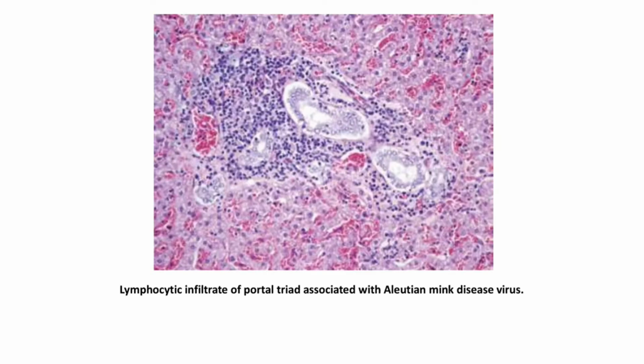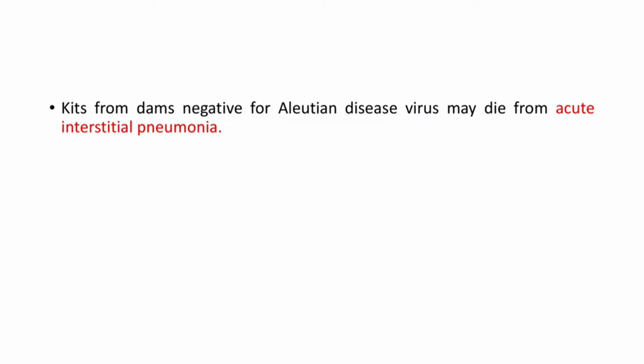So this is the lymphocytic infiltrate of the portal triad inside the liver associated with Aleutian mink disease virus. Kits from dams negative for Aleutian disease virus may die from acute interstitial pneumonia.